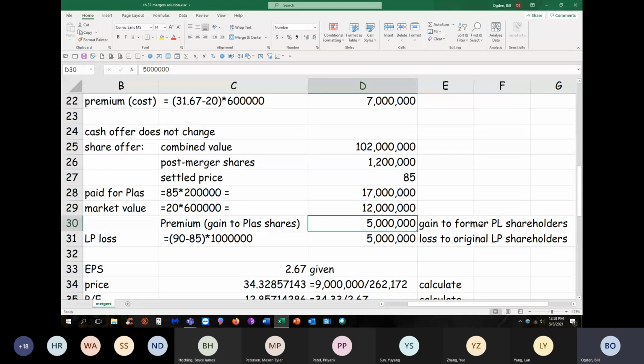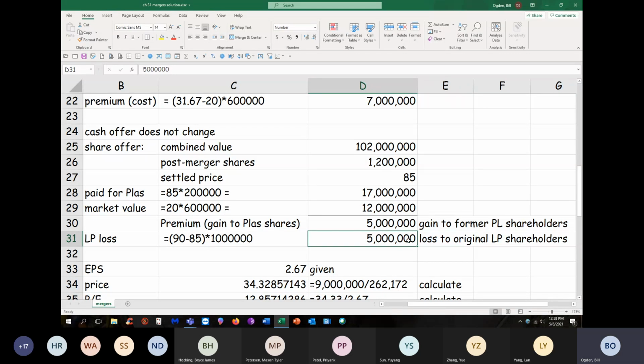Right? So PLAS no longer exists. Everybody now who is part of this merger has only LP shares, right? Okay, so they, prior to the merger, had a price of 90. It has dropped to 85 post-merger, and therefore they lost $5 million.